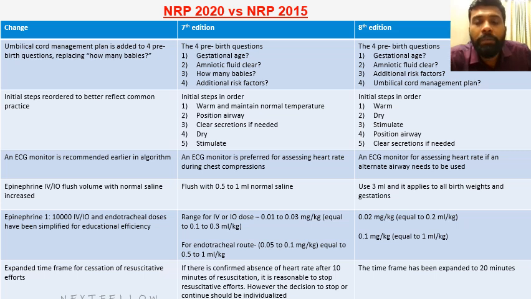Now for convenience purposes it has been changed to 0.02 mg per kg or 0.2 ml per kg. And also the time frame cutoff for stopping resuscitation has been hiked to 20 minutes, officially. In practice the cutoff was put at 20 minutes even long back, but now it has come as an official change.